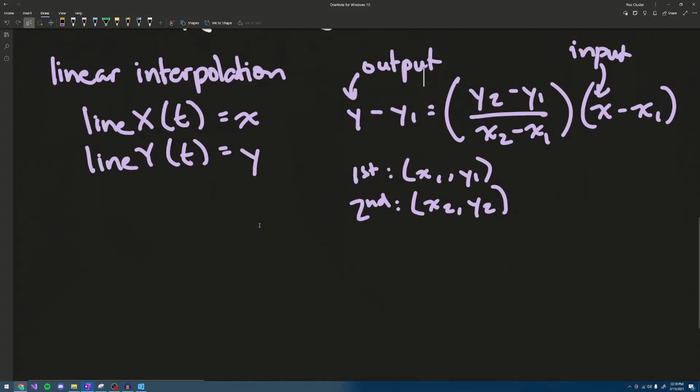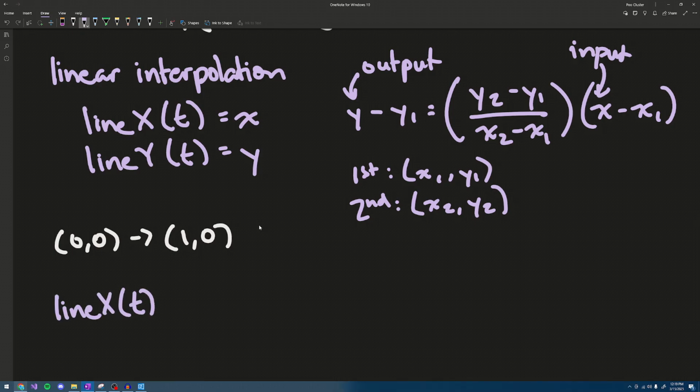So let's apply this to line x. Remember, we're trying to go from 0, 0 to 1, 0. For line x, we stumble upon our first thing, y1. What is that? Remember, y's are in terms of the position.